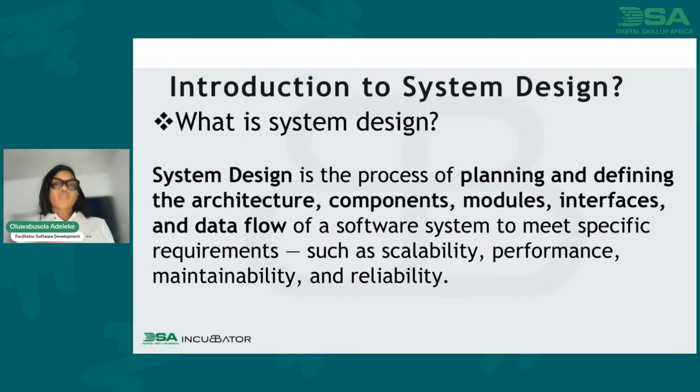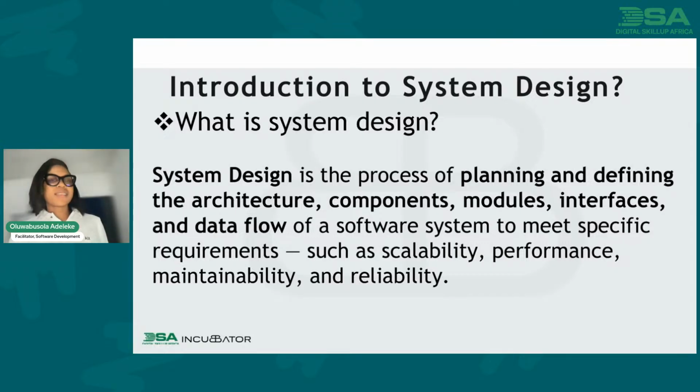Okay. Now, what is system design? It is simply the process of planning and defining the architecture, the components, the modules, the interfaces, and the data flow of a software system to meet specific requirements.